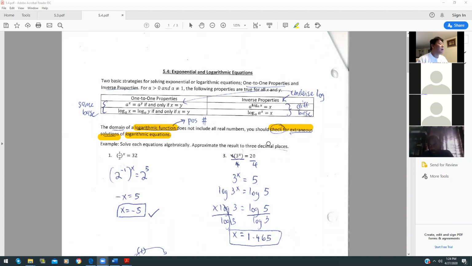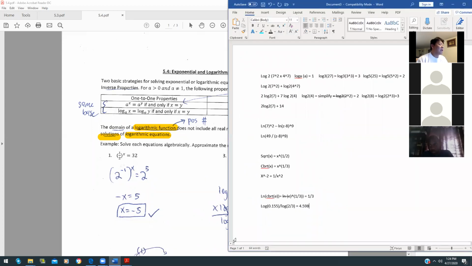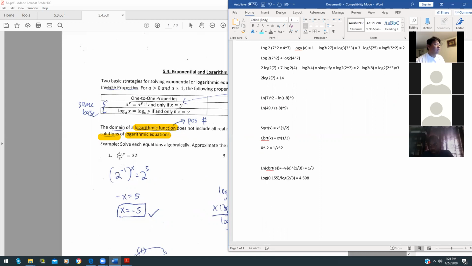So we have to check your answer. How do you check your answer? It's very easy. Plug your answer back into the original equation, and if it comes out negative or 0, you have to reject it. Let's say you got log(x - 3) + log x = 5, for example.